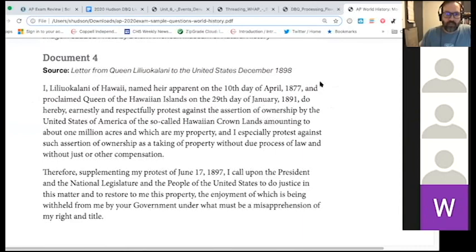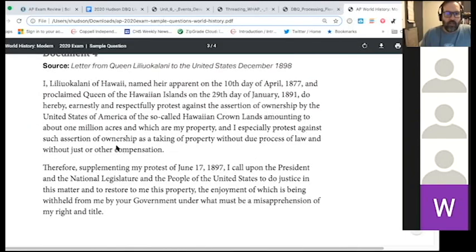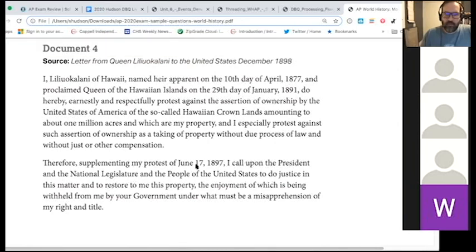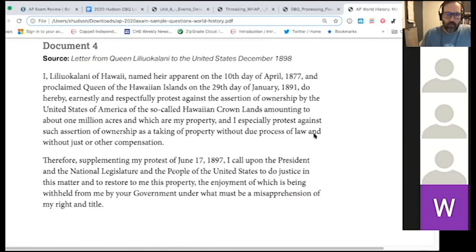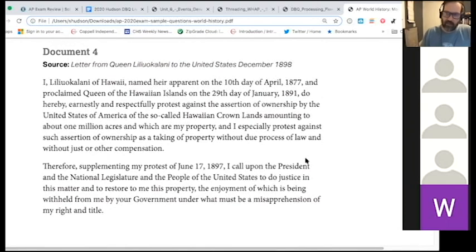And I especially protest against such assertion of ownership as a taking of property without due process of law, without just or other compensation. Therefore, supplanting my protest of June 17, 1897, I call upon the President of the National Legislature and the people of the United States to do justice in this matter and to restore to me this property, the enjoyment of which is being withheld from me by your government under what must be a misapprehension of my right and title.